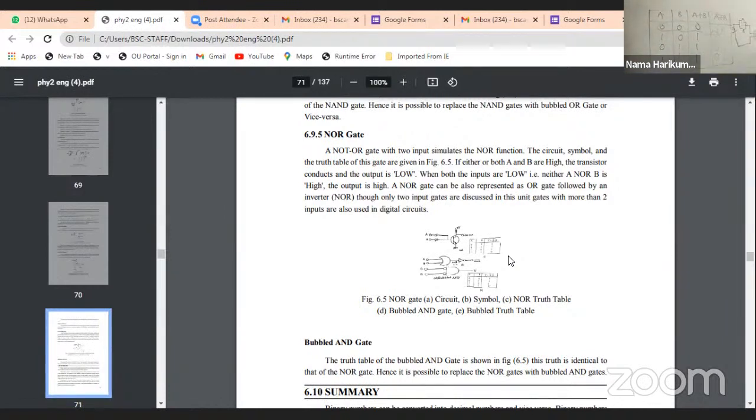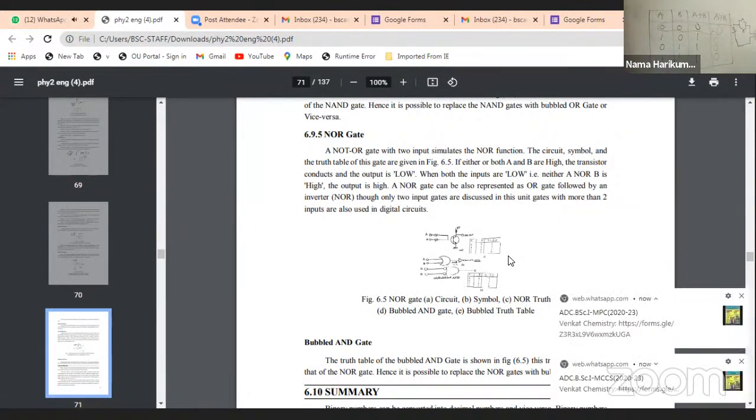That is the NOR gate definition. Once again, if one or more inputs are low or 0, then the output is 1, then the remaining is 0. So that is the NOR gate definition.